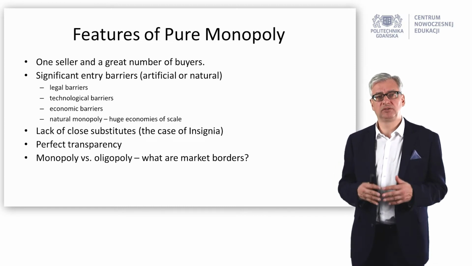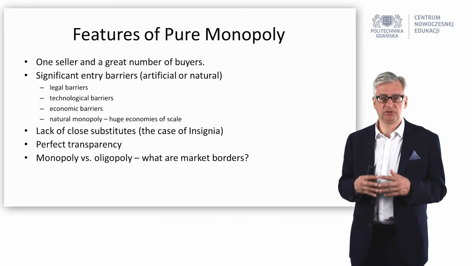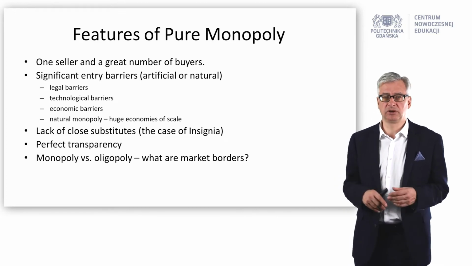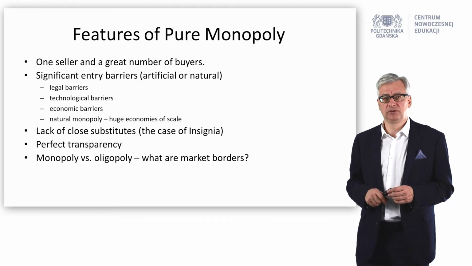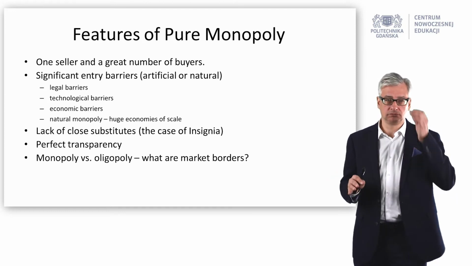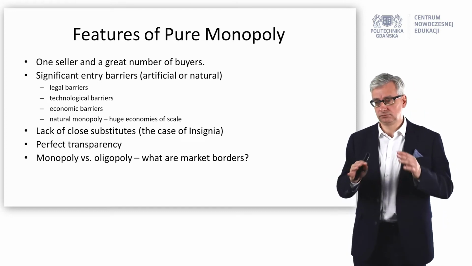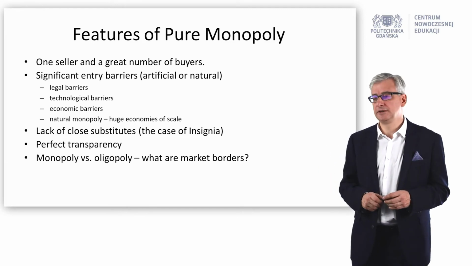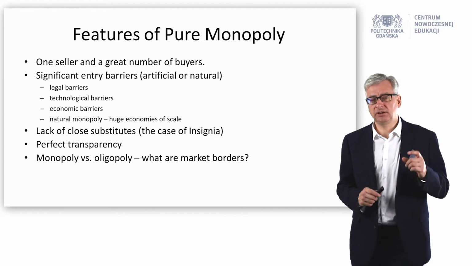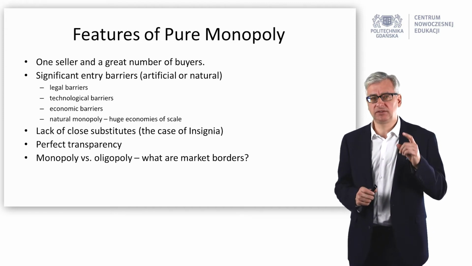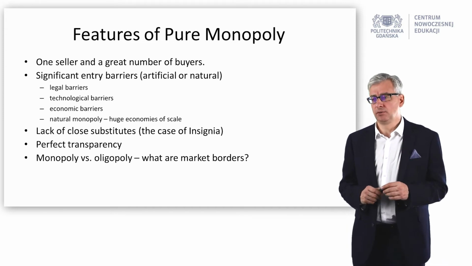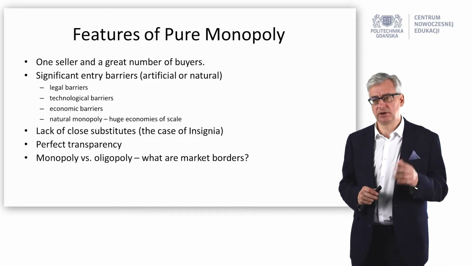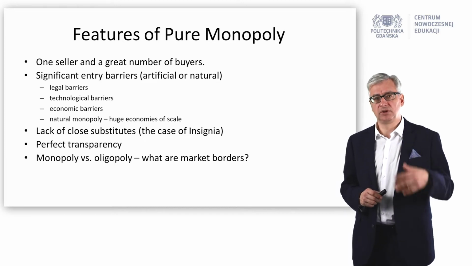Perfect transparency of the market is the assumption that we already discussed talking about perfect competition. So just mention that we do apply this assumption here as well. And the second thing that makes some problems when it comes to monopoly, lack of close substitutes, was one of them.